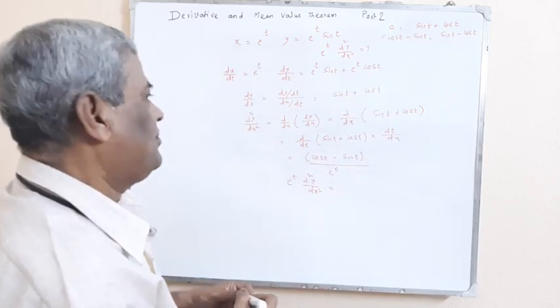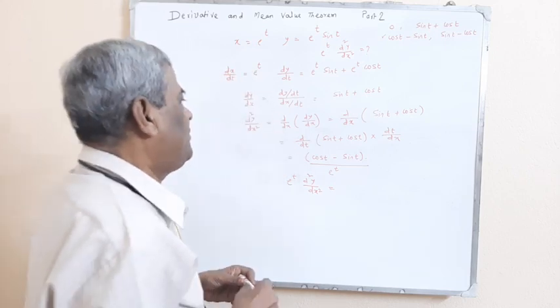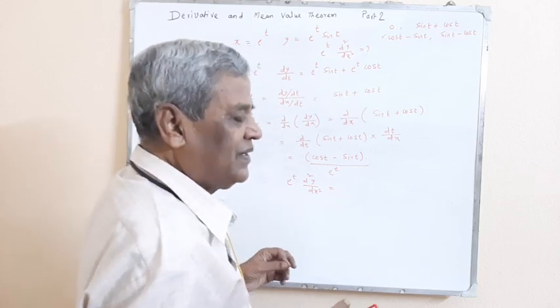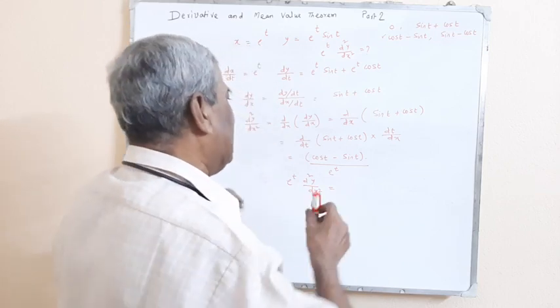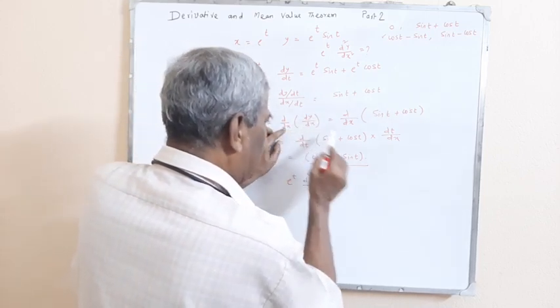So this answer is correct. One thing, most of the students commit a common mistake. What is that? d2y dx2 is d dx of that.